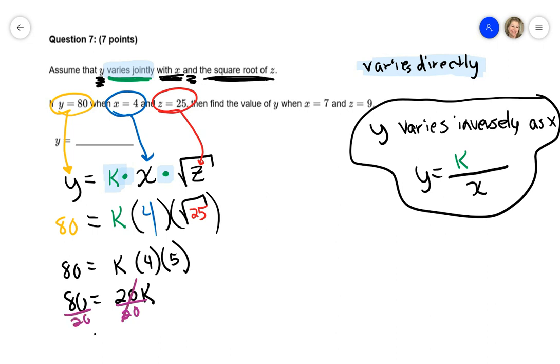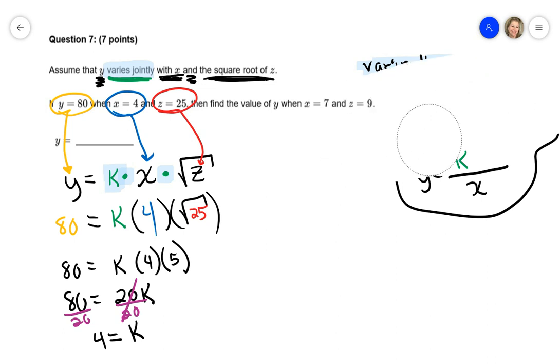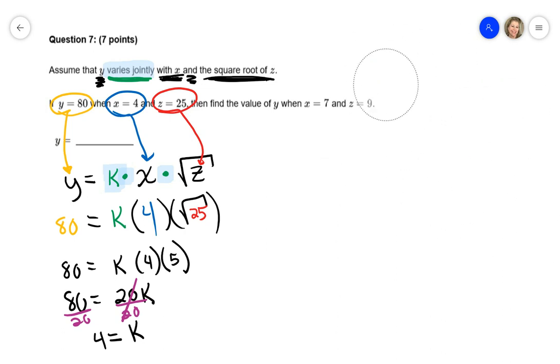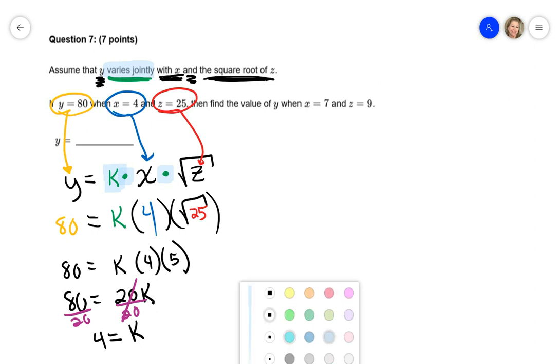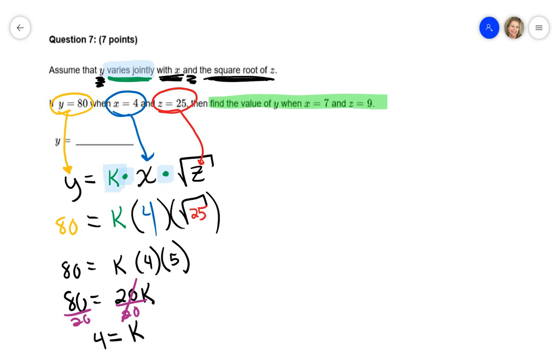And 20 goes into 80 4 times, so k is a 4. And now I can go and solve the problem that they want me to solve, which is find the value of y when x is 7 and z is 9.